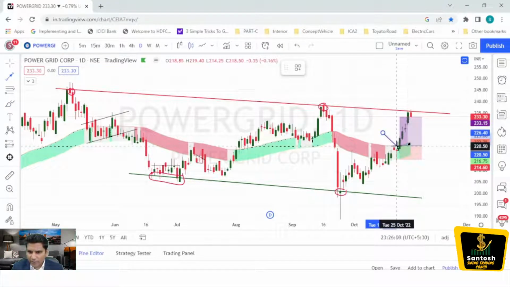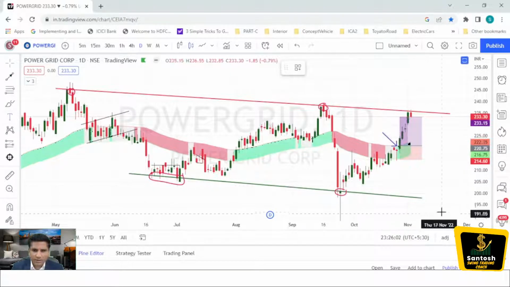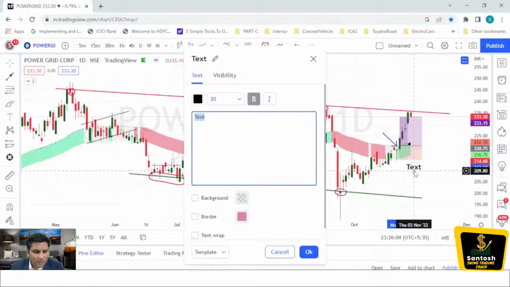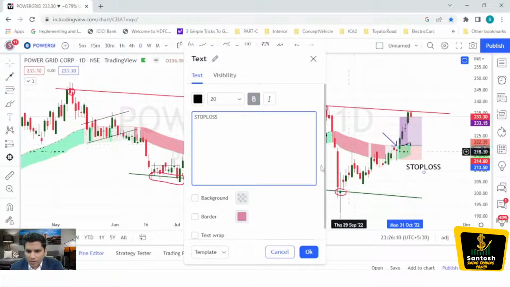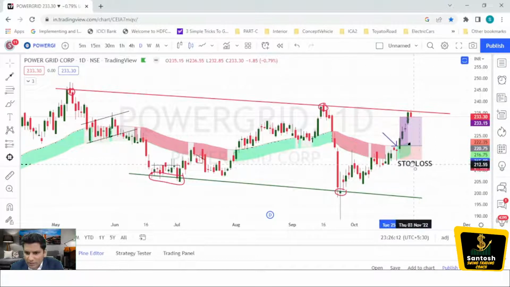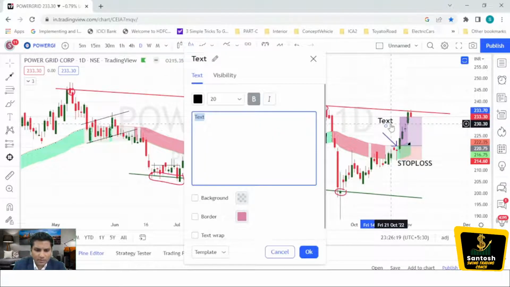The entry point is this, and then the stop loss area is this. The stop loss will be just below the moving average band, and then the take profit area is here. This is the take profit area.